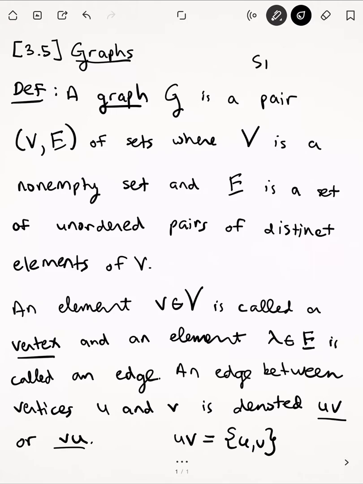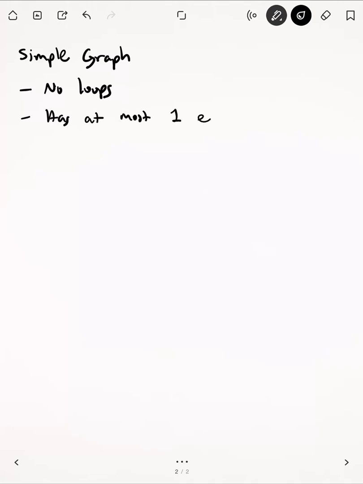So a simple graph, the way we've defined it, because a simple graph doesn't allow for loops, and also a simple graph has at most one edge between vertices, right?